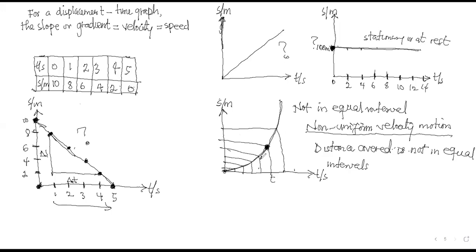Draw a tangent to the curve. A tangent is a line which just touches the side of a curve and is perpendicular to the radius. So you draw a tangent and then find the change in the vertical and the change in the horizontal within a given set of time.